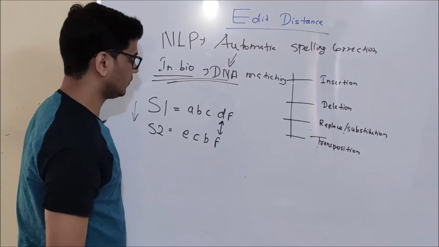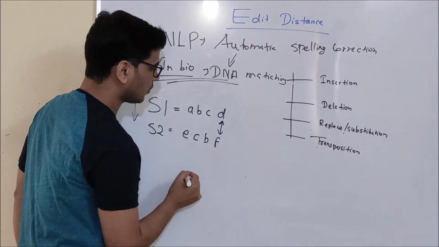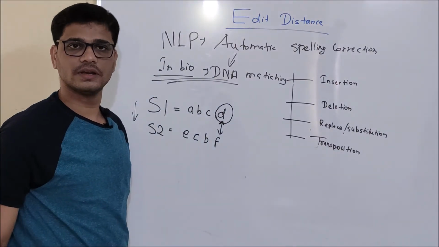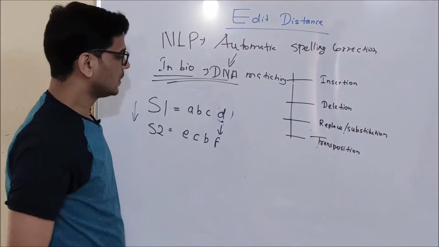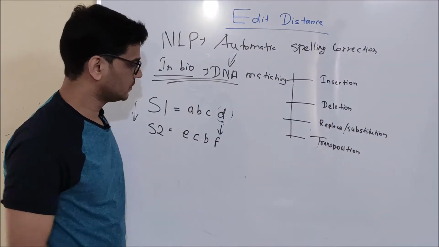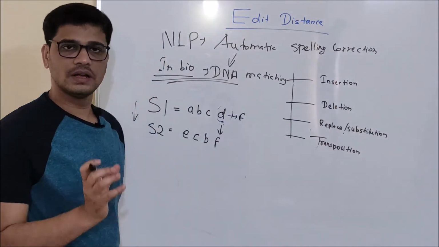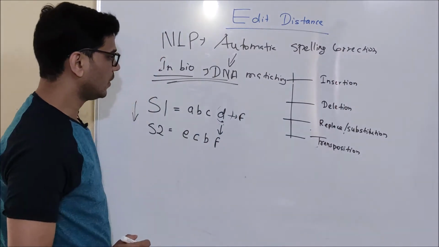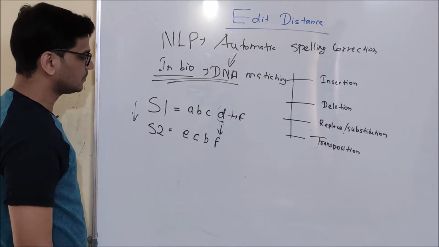Now come to deletion. In deletion, if the characters are not matching, we will just delete this. Okay? And what do we mean by replace or substitution? As you can see here, characters are not matching, so to replace, we will convert D to F. So this is what replace or substitution is. Now come to transposition. What do we do in transposition?